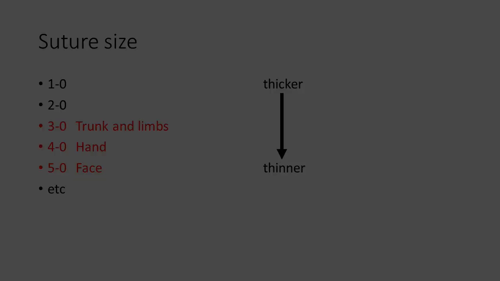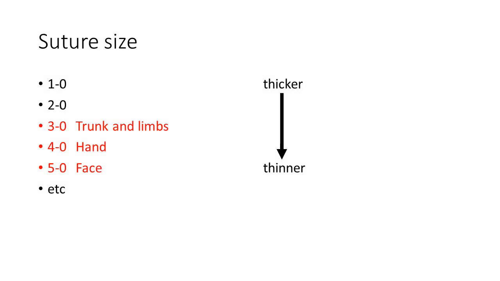So first of all, suture size. Sutures come in a variety of thicknesses. The size of the suture is denoted by a figure from 1 to 5 with a following 0. So a thick suture would be a 1-0, a slightly thinner suture would be a 2-0, and a fine suture would be a 5-0.